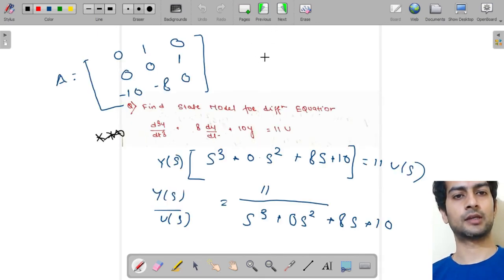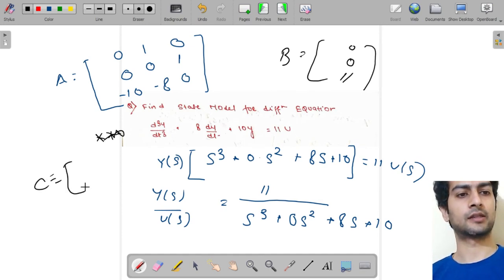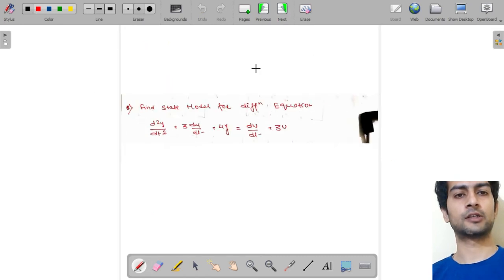Well, here B will be the same. B will be 0 0 11 you will get, and here in C there is no 0, so 1 0 0 you will get. Now in this question I have taken a zero, so from here you can see how I will write matrix C also.